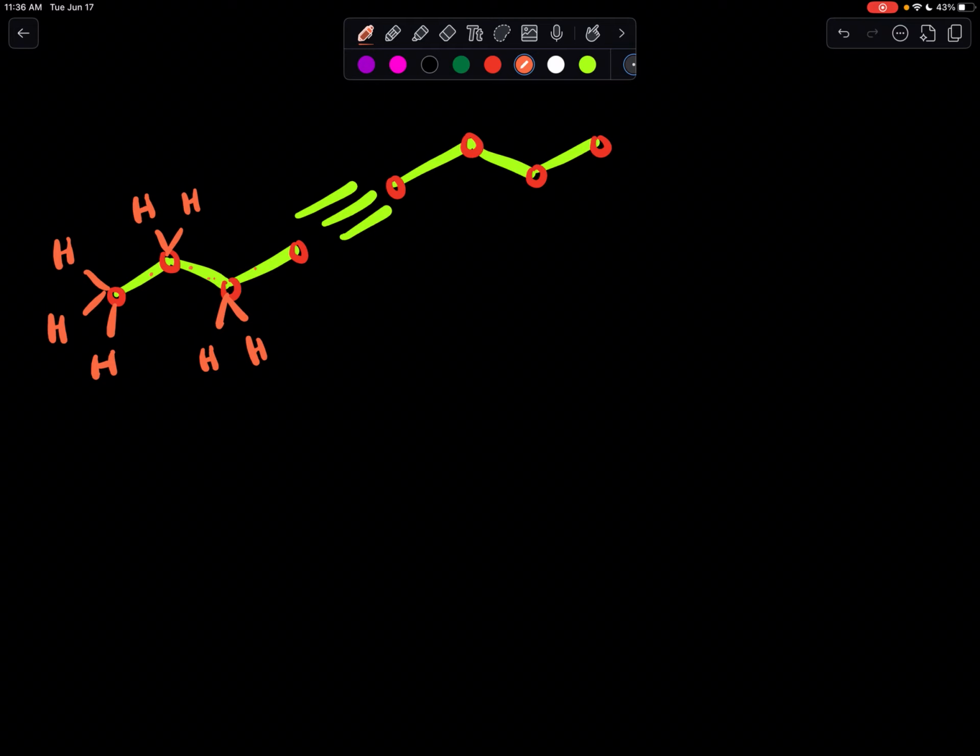Each bond has 2 electrons. 1, 2, 3, 4, 5, 6, 7, 8. This carbon, you cannot put 1 hydrogen because it'll violate the octet rule. So in this case, you don't need any more hydrogens. And that would be the same for this carbon here. No more hydrogens. You don't need them.